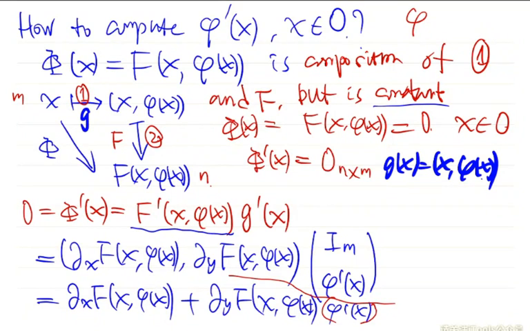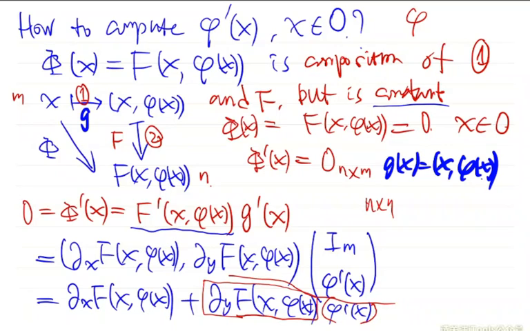But we have an equality involving the object we want to compute. To solve this equality for phi prime x, we need this matrix, an n by n matrix, to be invertible.